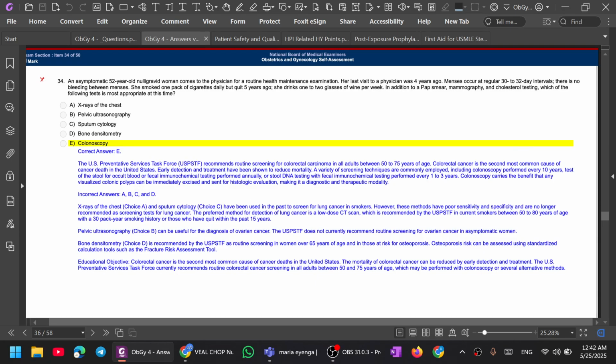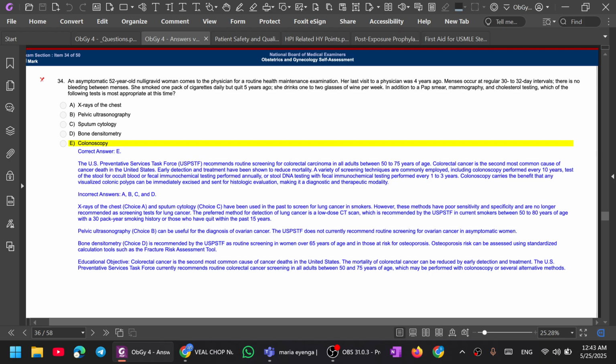A variety of screening techniques are used, including colonoscopy every 10 years, fecal occult blood testing or fecal immunochemical testing performed annually, or stool DNA with fecal immunochemical testing every 1 to 3 years. Colonoscopy carries the benefit that any visualized colonic polyps can be immediately removed and sent for histologic evaluation, making it a diagnostic and therapeutic modality for ages 50 to 75.